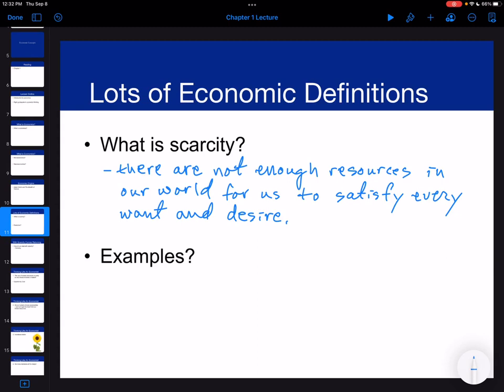So scarcity is different from being poor. Bill Gates and Warren Buffett and Elon Musk, even though they are fabulously wealthy, and let's not leave out Jeff Bezos, they're ridiculously wealthy, but they have to deal with scarcity. They have to make choices. So because we can't have everything we want all at once, we have to make choices, and that's what we mean by scarcity. So, things that are scarce.